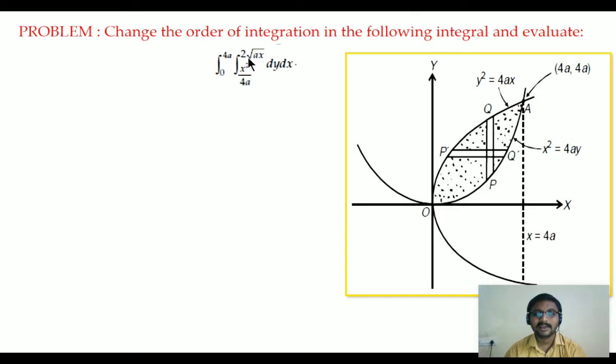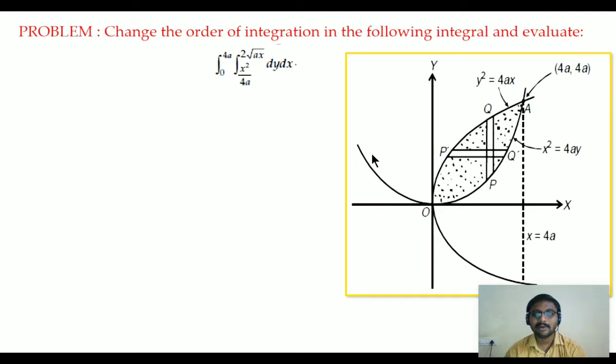Now the upper limit of y is y equal to 2 root ax. Squaring on both sides, y square is 4ax. It is also passing through origin and intersecting the parabola x square equal to 4ay at the point 4a. So it is the intersection point.